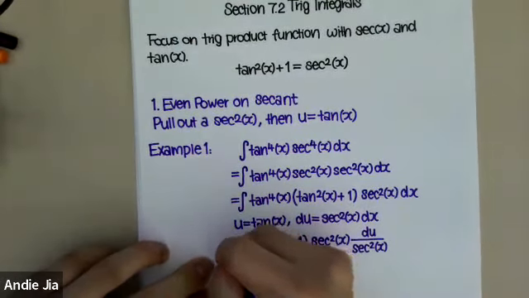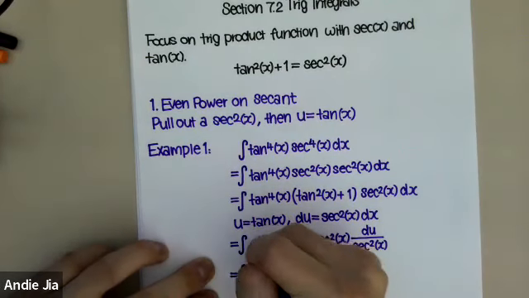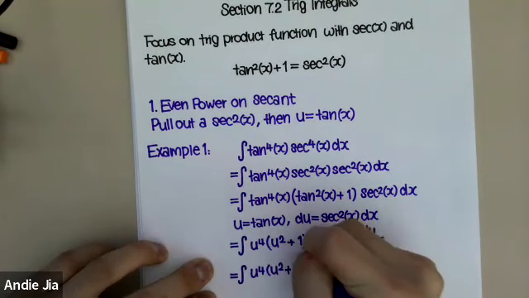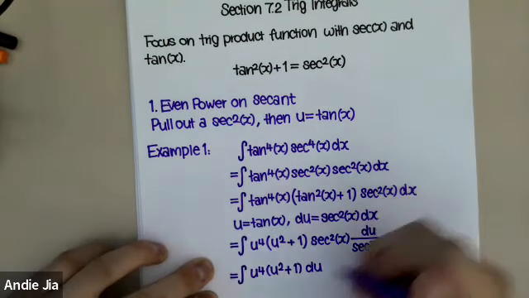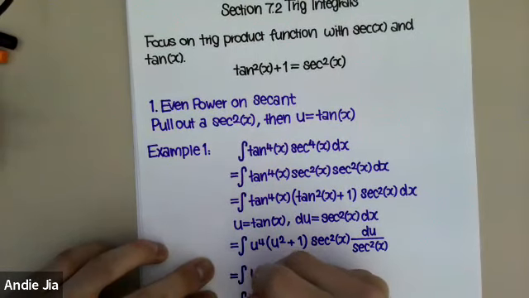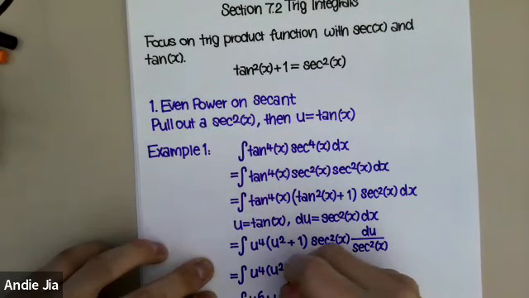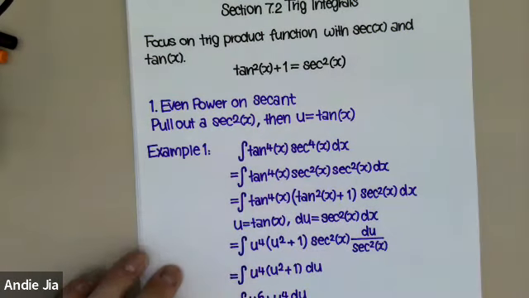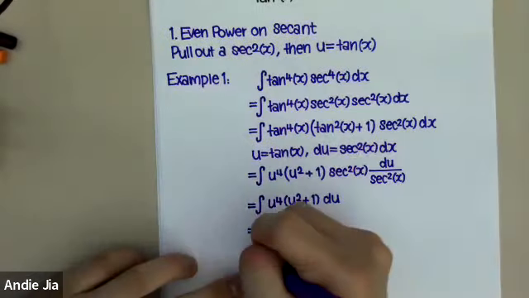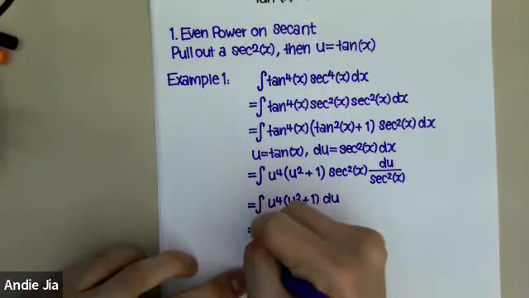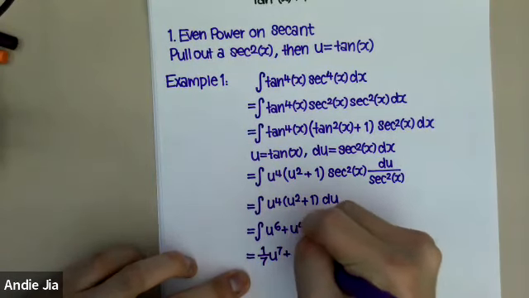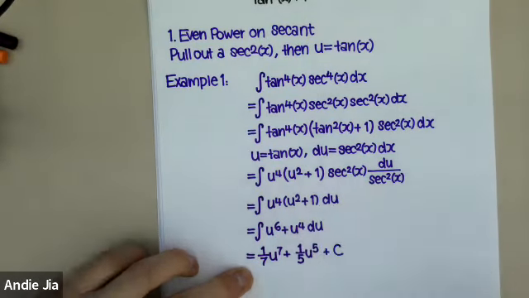Just an easy integral to evaluate: u to the 4 times u squared plus 1 du, which is u to the 6 plus u to the 4 du. What you get is 1 over 7 u to the 7 plus 1 over 5 u to the 5 plus the constant of integration.